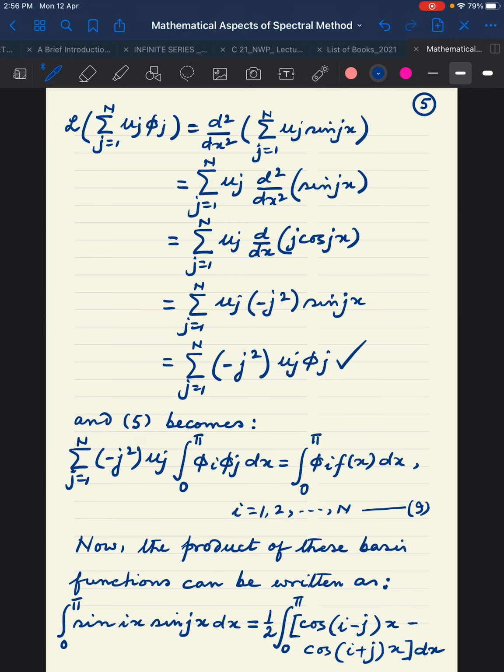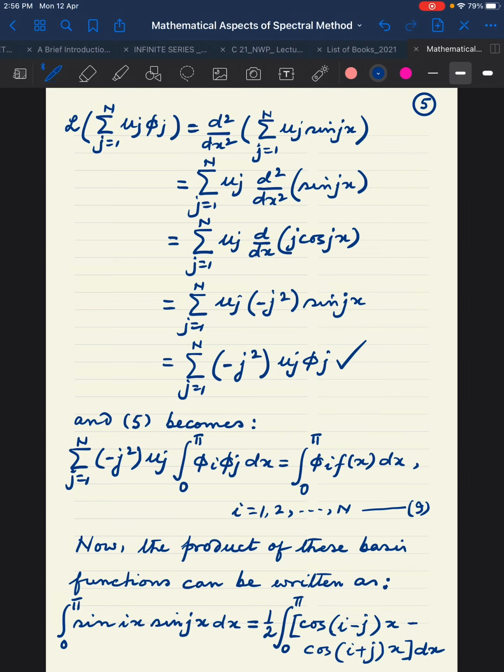That can be written in the form, finally, that L, when you operate the operator L, here d2/dx2, on summation j equals 1 to n uj phi j, you are getting it as summation j equals 1 to n minus j square into uj phi j.